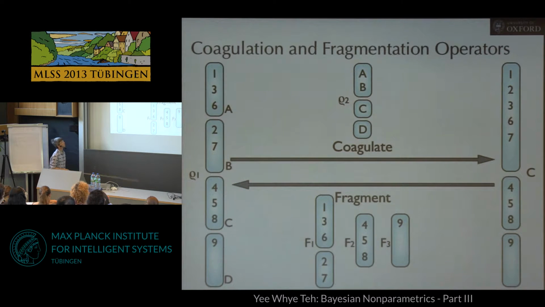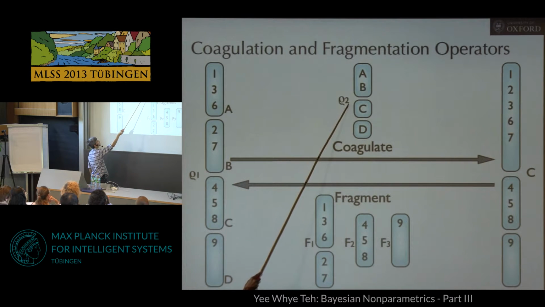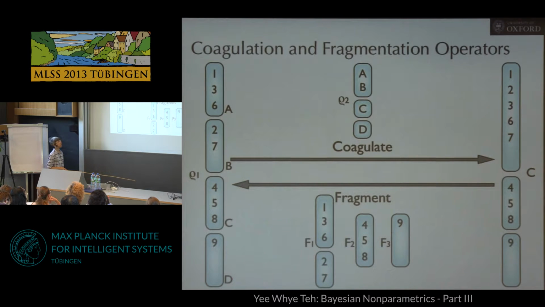What this partition is describing is that we should merge A and B and keep C and D by themselves, which is exactly what the coagulation process is. The reverse process is to say that, again, you can describe the fragmentation using partitions as well, but now we're going to have a set of 3 partitions.